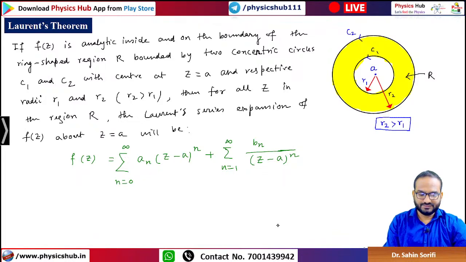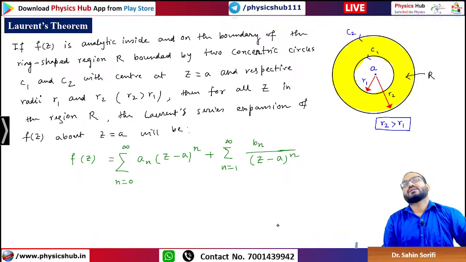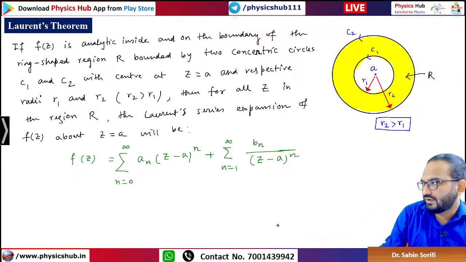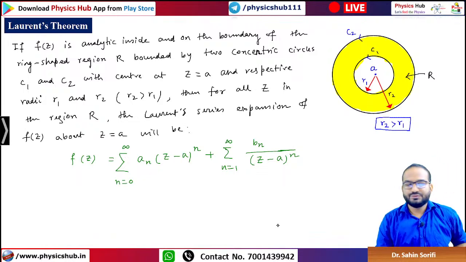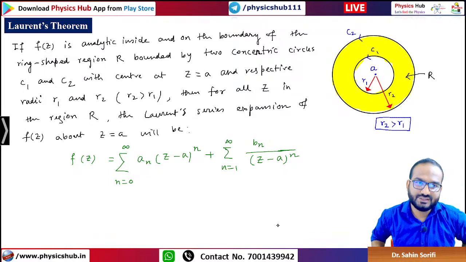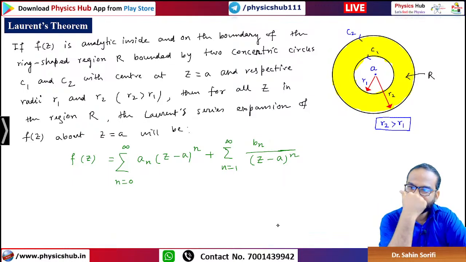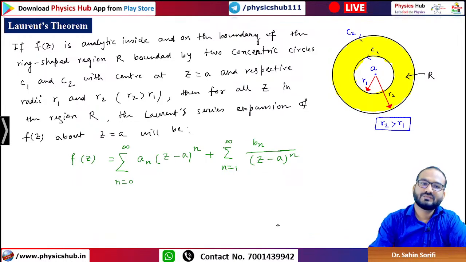The function is finite always. I think the function is not finite always. If you take x equals, let's say, 3i, then is it finite?